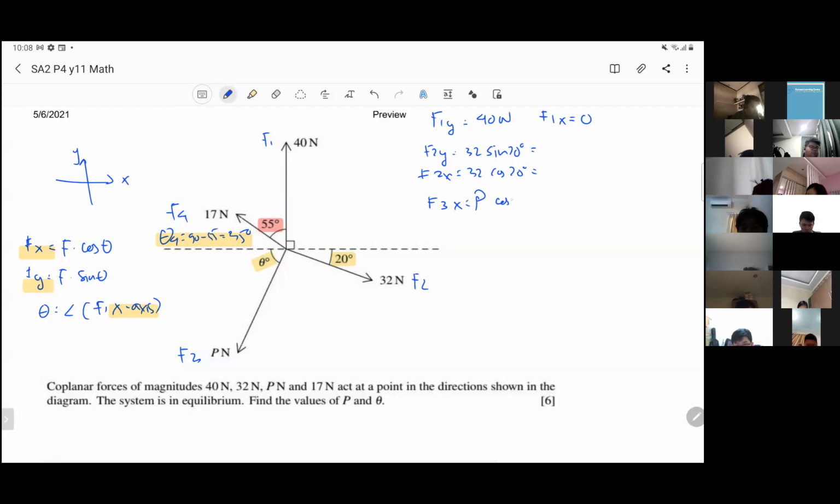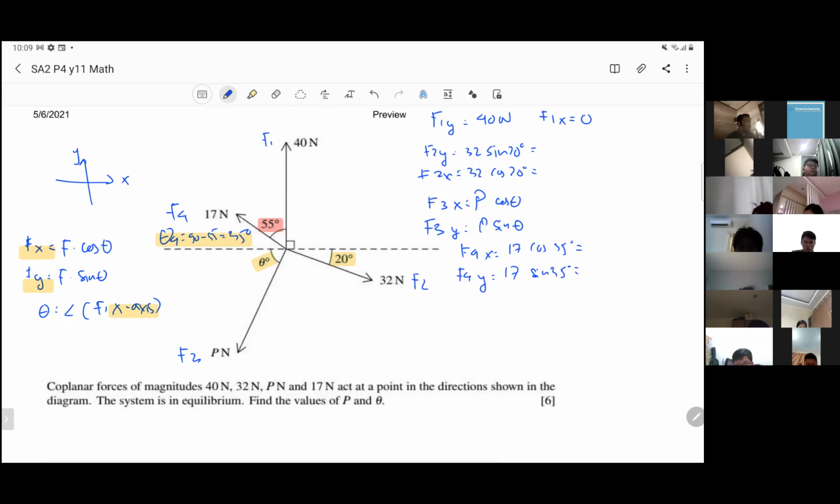F3y is going to be P sin theta. F4 on the x-axis is 17 cos 35. And F4y is going to be 17 sin 35. Up until this, any question?